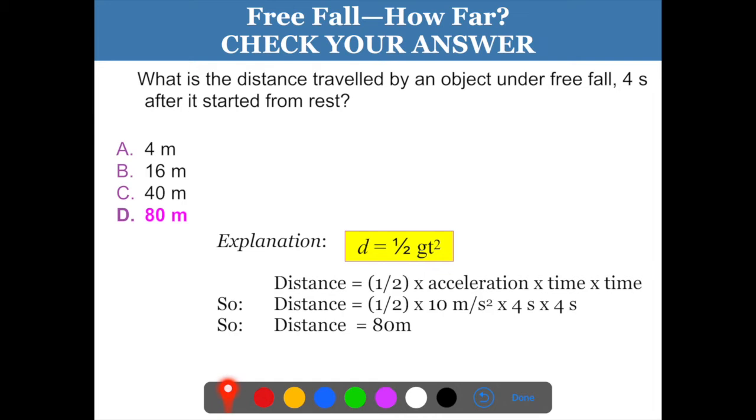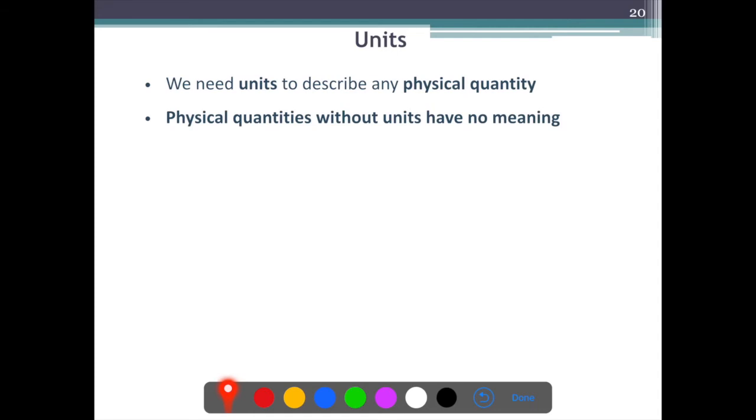And we've been calculating numbers and talking about physical quantities in physics so far, and you've noticed that every time we've calculated something, we indicate the unit. So for example, here 80 meters tells us that that's a number relating to distance. Okay? And so when describing any physical quantity in physics, units are very important.